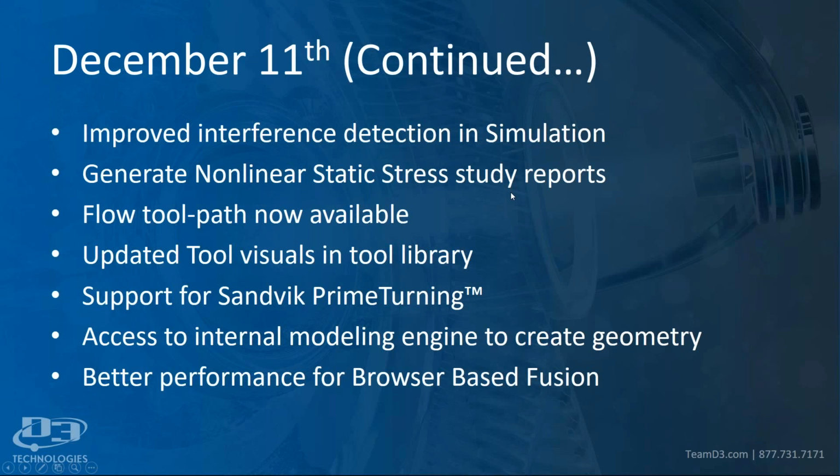Well, here we go. So as we continue here, there were a lot of little things. Throughout the year, a lot of increased support for Haas machines, support for Sandvik turning machines. Access to, so this is part of the API, they gave access to the internal modeling engine to create geometry, which is amazing for people who are using the API.